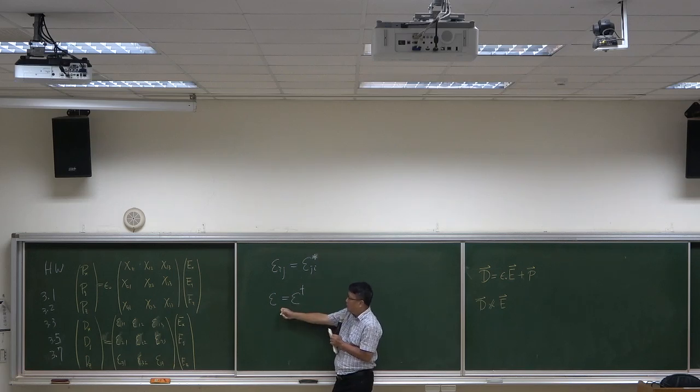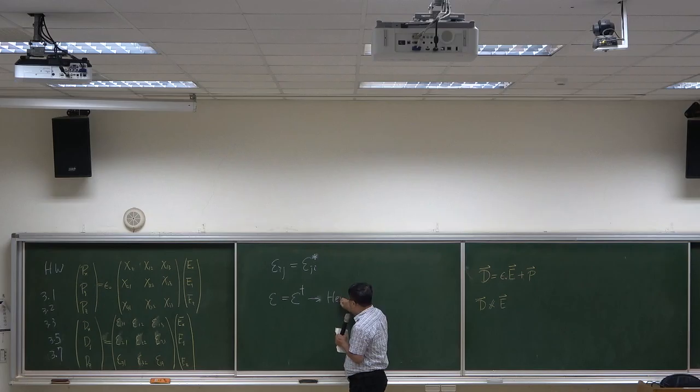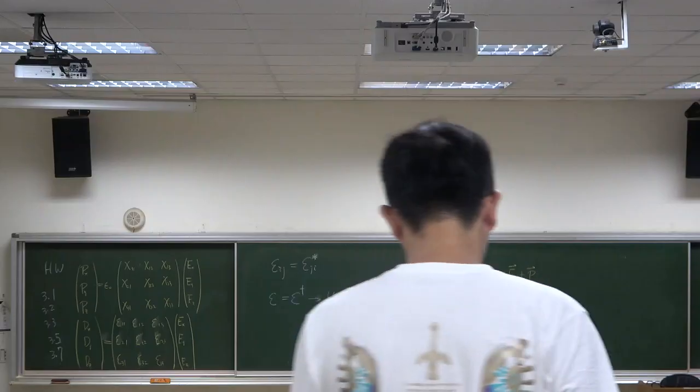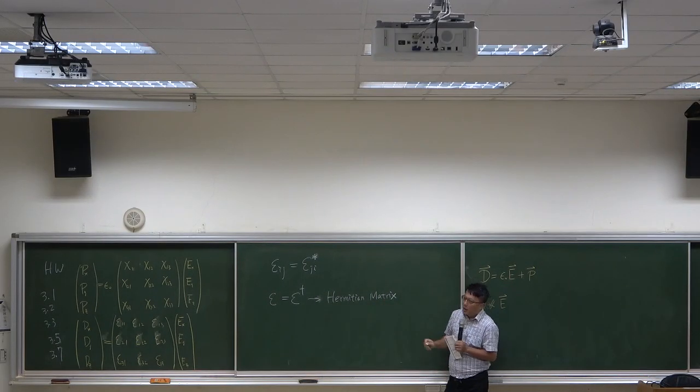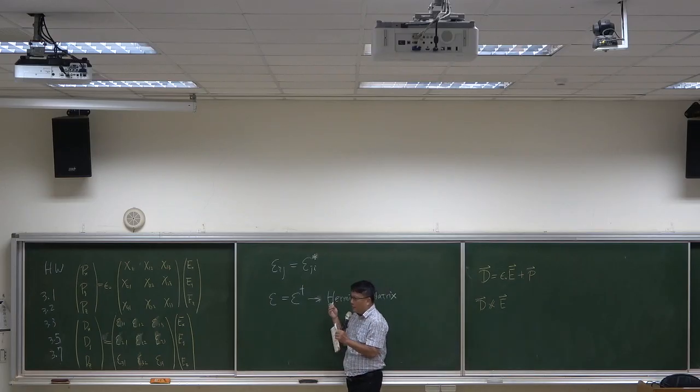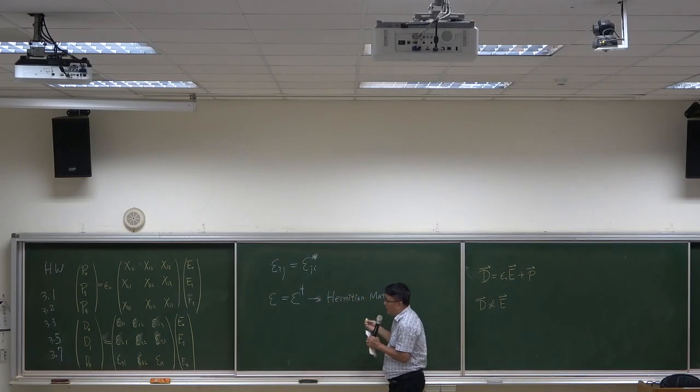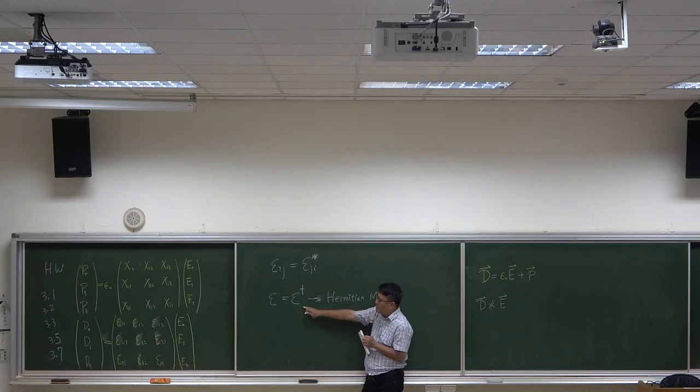Okay, so if epsilon is equal to epsilon dagger, then this matrix is called Hermitian matrix. Hermitian matrix has a very beautiful property that its eigenvalues are real and its eigenvectors are orthogonal to each other. Okay.